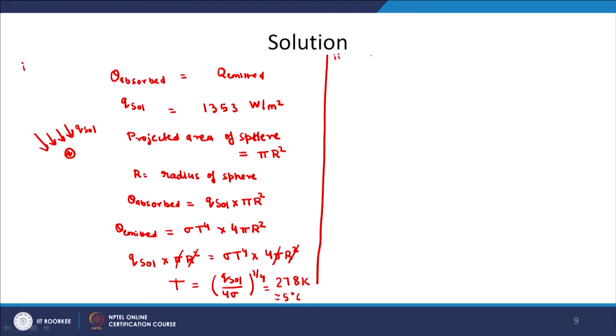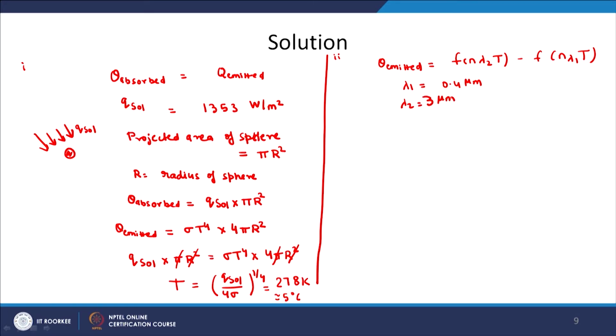So, Q emitted will now be equal to, as we discussed earlier, f n lambda 2 T minus f n lambda 1 T, where lambda 1 is equal to 0.4 micrometer and lambda 2 is equal to 3 micrometer.